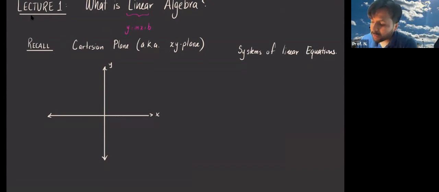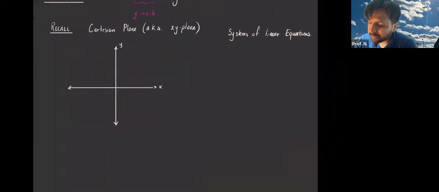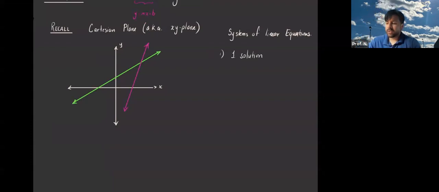So what kind of lines have we seen? Well, we've seen the kind where we have one solution, haven't we? That's normally what we want. What does that one solution look like? We have two lines, drawn a little bit angled, and they intersect at a particular point.